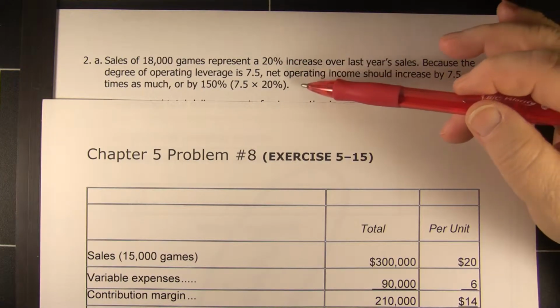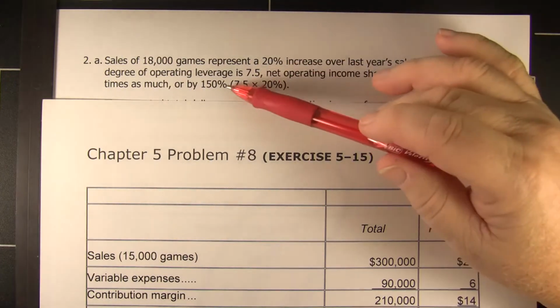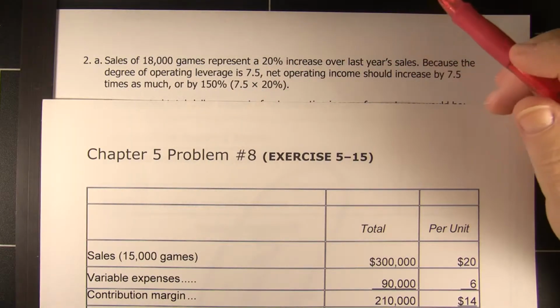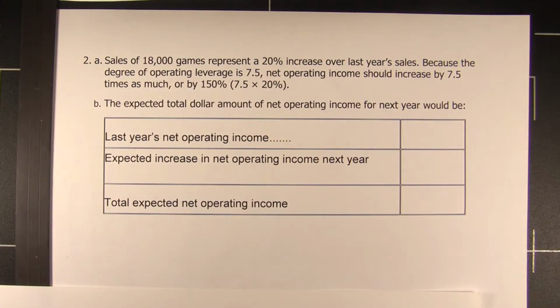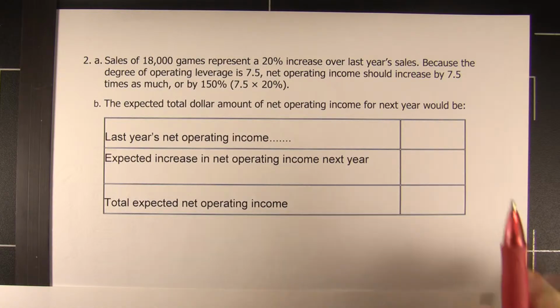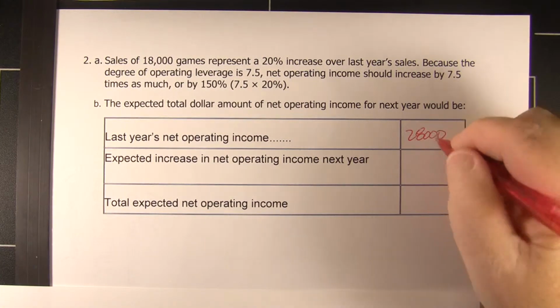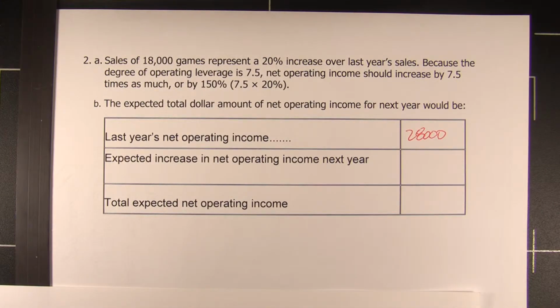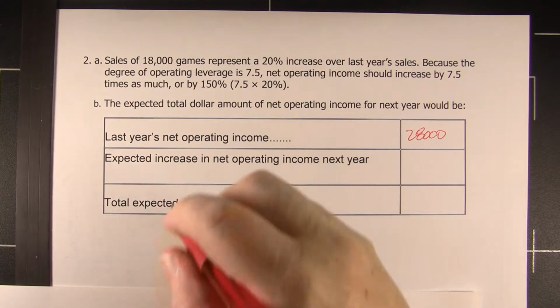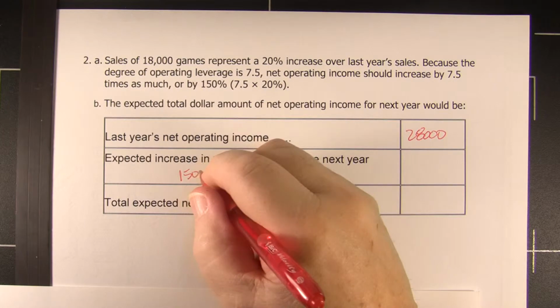Multiply that by 7.5, that's a 150% increase. So last year's operating income was 28,000.